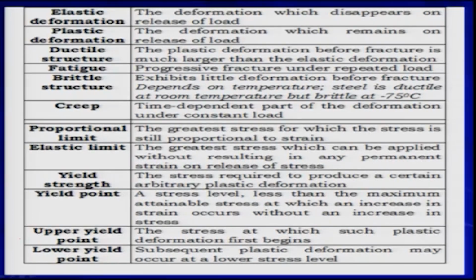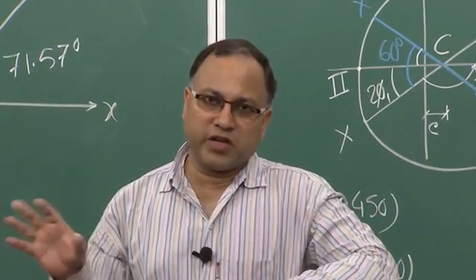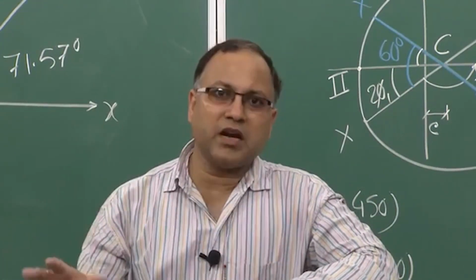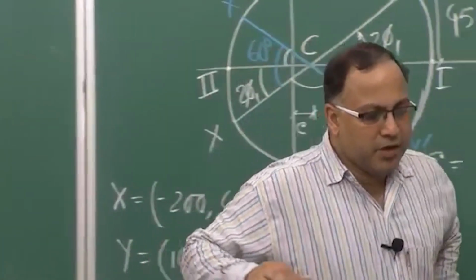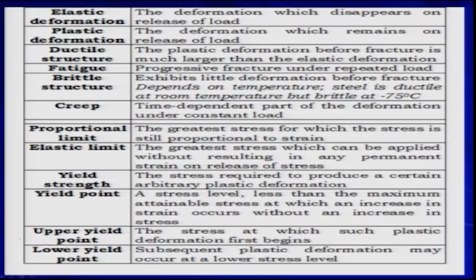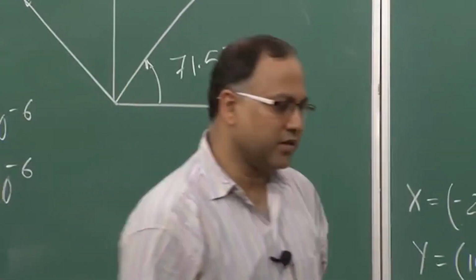If you apply load on glass, you will not observe any deformation at all, and all of a sudden it will collapse, the fracture will happen. That kind of material is known as brittle material, but it depends on temperature. Steel is ductile at room temperature, but if you decrease the temperature to say minus 75 degree centigrade, then the steel will behave as a brittle material.